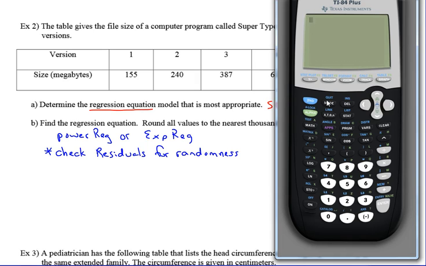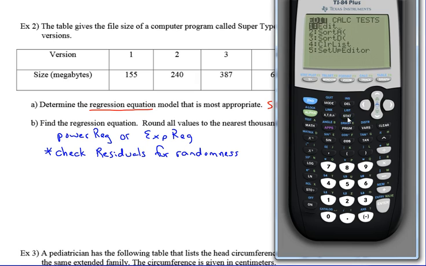The first thing we're going to do is run the residuals for our exponential regression. So we're going to go to Stat Plot, second Y equals, go to Plot. Make sure your stat plots are on.